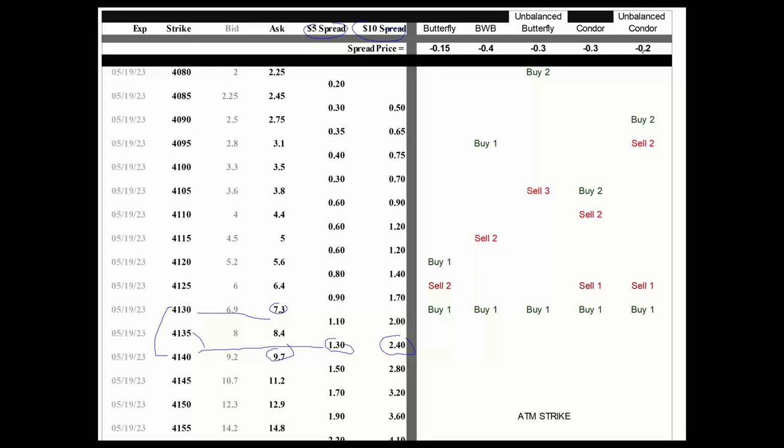And then what we're going to do is compare a standard butterfly. Right here, you can see the 30, 25, 20 butterfly, $30 strike, 25 strike, 20 strike butterfly, is trading for 15 cents. That's where it closed.